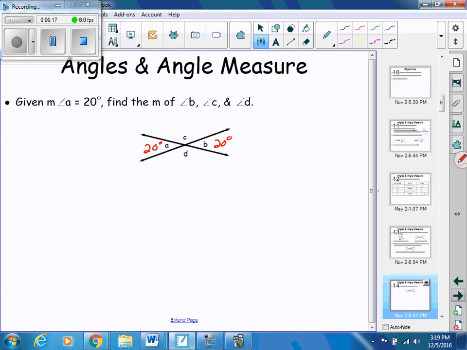Now, to figure out C and D, if I look here, angles A and C make a straight angle, so they have to be 180 degrees.